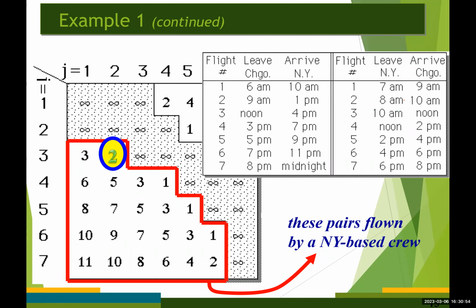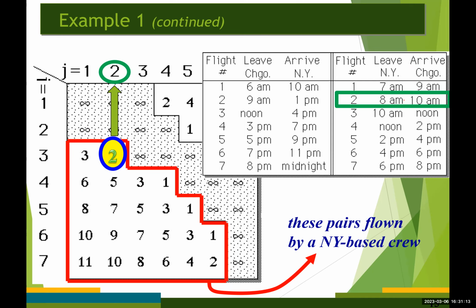So for this value, it must be the case of New York-based crew. In this case, he takes flight number 2 to Chicago first, right?